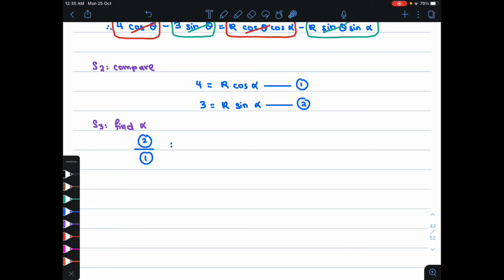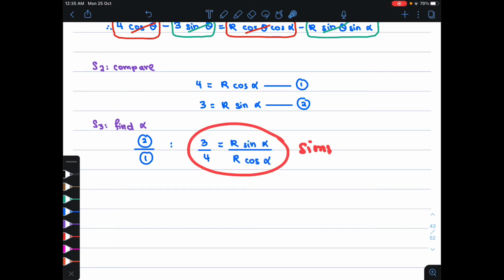So 3 divided by 4 is equal to r sine alpha divided by r cos alpha. Now just simplify this equation. 3 divided by 4 stays the same. For the right hand side, we can cancel out r.